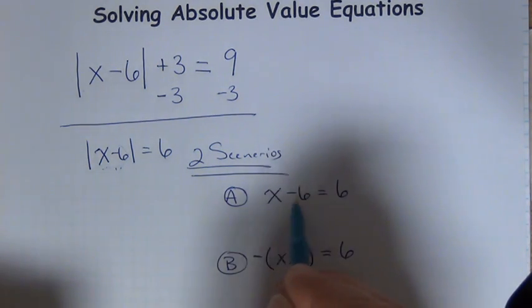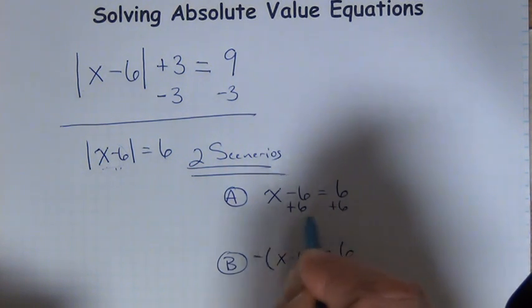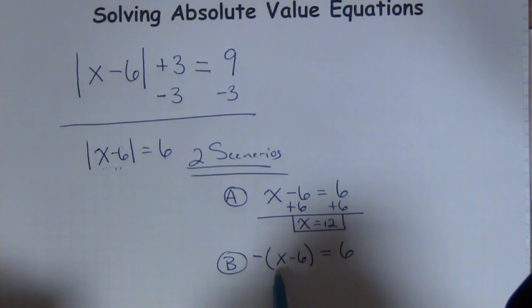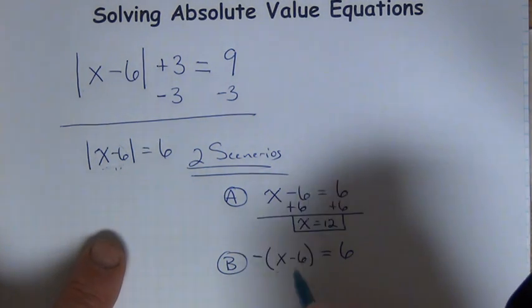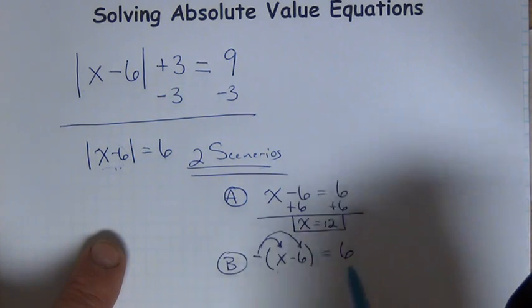Well, this one appears fairly easy to solve. I add 6 to both sides. And I get one of my solutions is that x equals 12. Down here, when I'm considering the opposite case, it's a little bit more involved. I'm going to start by distributing the negative sign.